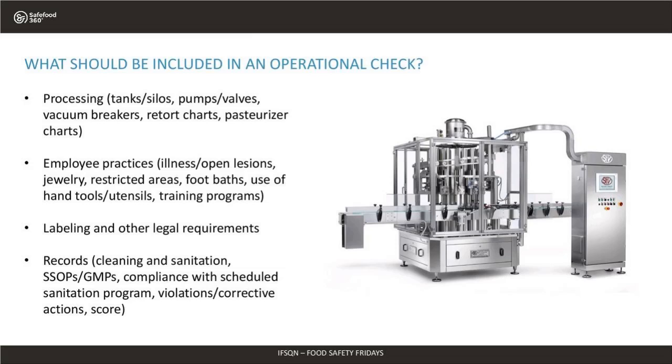You can, depending on the operation and the process, include inspections around tanks and silos, the security of them, the integrity of them, things like sieves, filters, magnets, all of these things. And you may ask the question, well, how do I know? Well, you should know if your HACCP assessment has been conducted in sufficient detail.